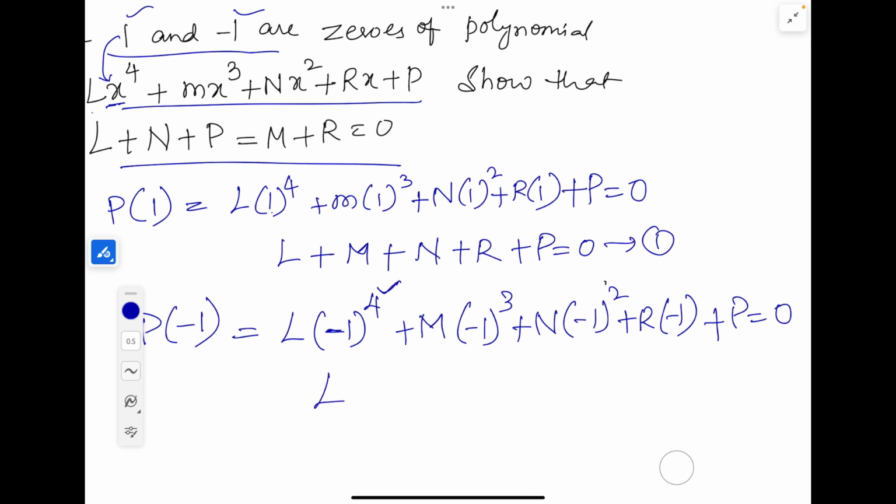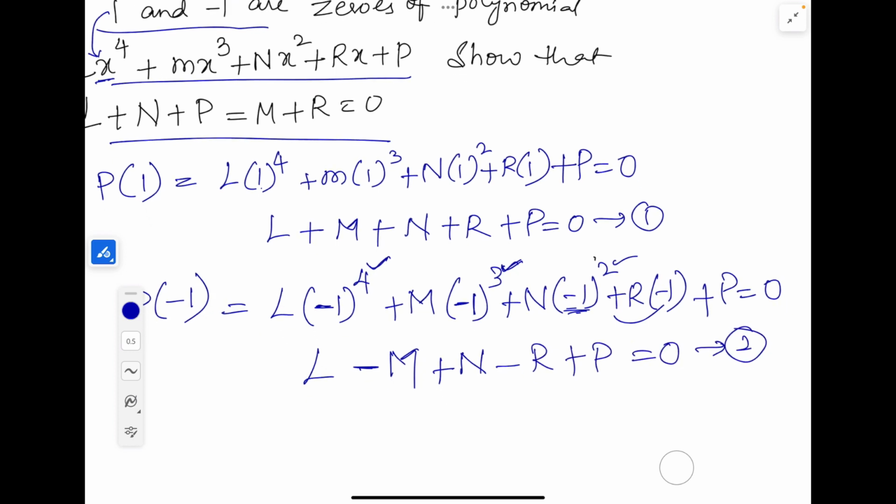So we are left with L times 1, which is L. Here it is -1 with an odd exponent, that's why we will get a negative sign, minus m. Now this is a square, an even number, so it will become positive, so plus n. Now plus into minus is minus r, plus p is equal to 0. Let us take it as equation number 2.